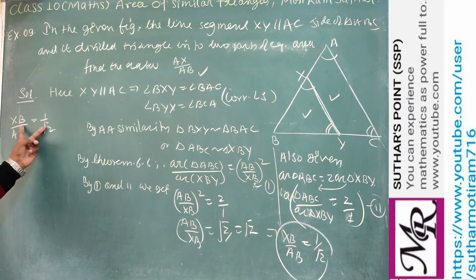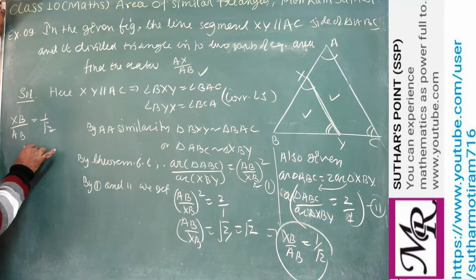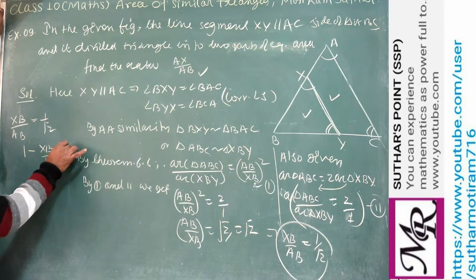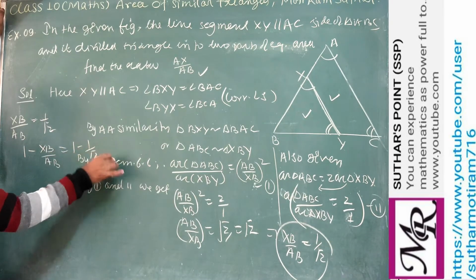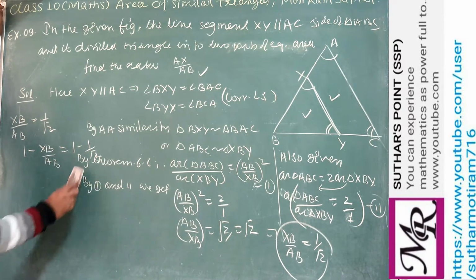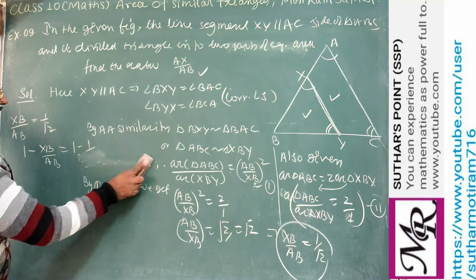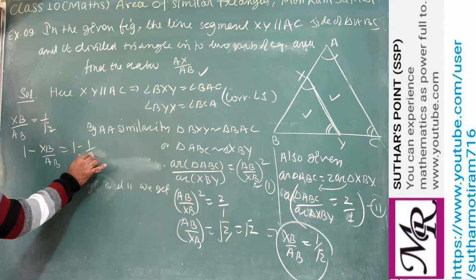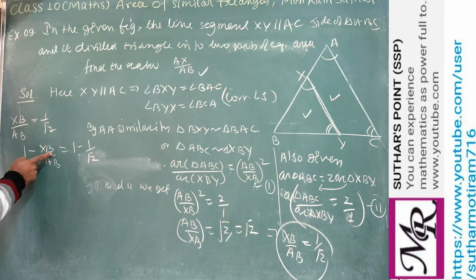So these two sides we are subtracting from 1, like 1 minus XB upon AB and 1 minus 1 upon root 2. Both sides we have to subtract from 1. दोनों को ही हमने 1 में से कर दिया, लेफ्ट साइड को भी 1 में से माइनस किया, राइट को भी 1 से, the value remains same.